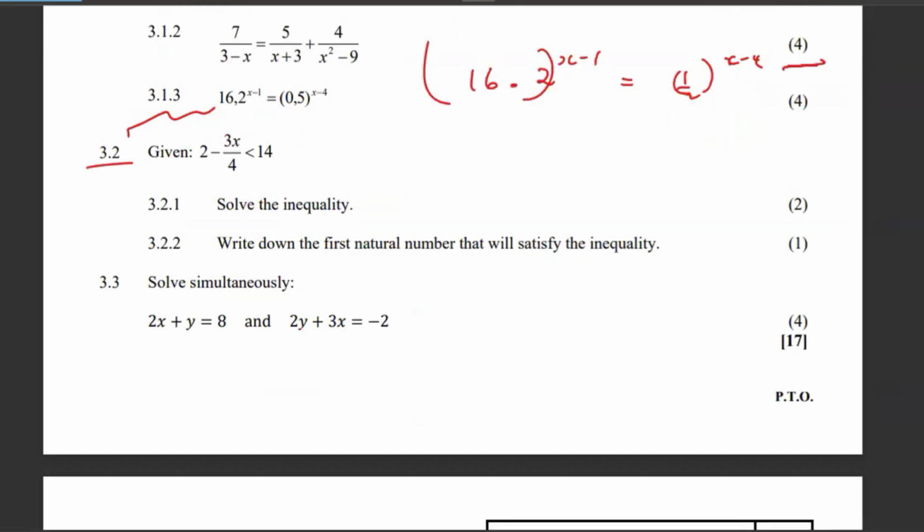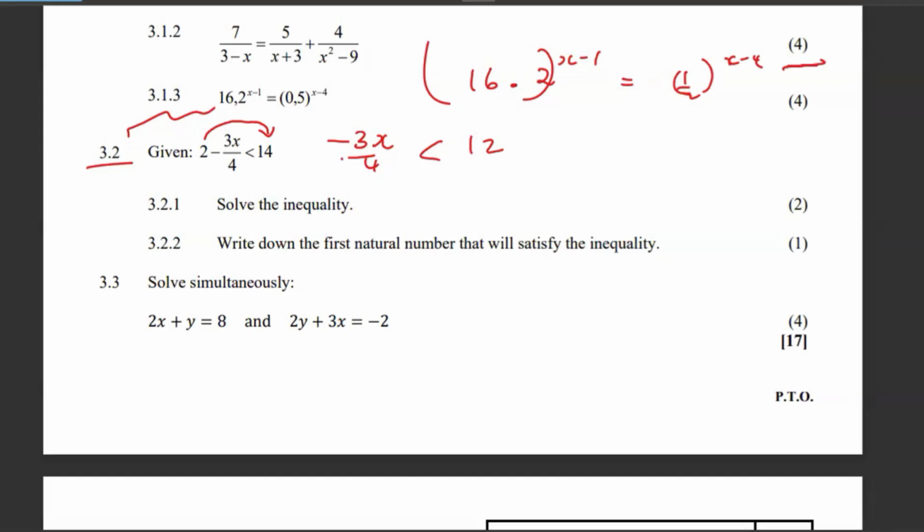Then 3.2, if you're given this inequality, they want us to solve it. So whenever we're solving inequalities, just treat them like normal equations, okay? So the first thing I'm going to do, let me move this 2 to that side. I'll have negative 3x over 4 is less than 12.